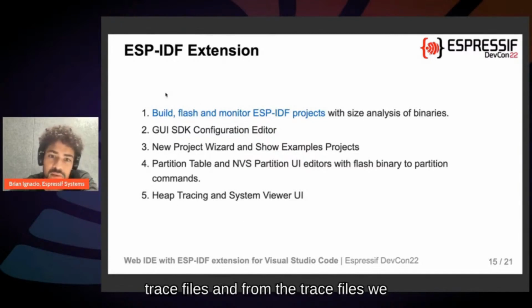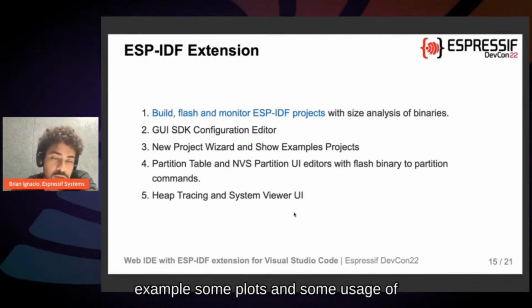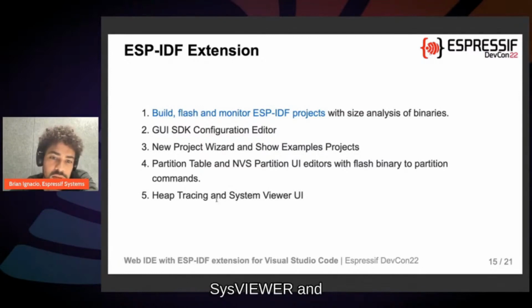It will generate the trace files, and from the trace files you can get some visualization, for example some plots and some usage of your system. And then you have some advanced system usage visualization, for example with something like SysViewer.